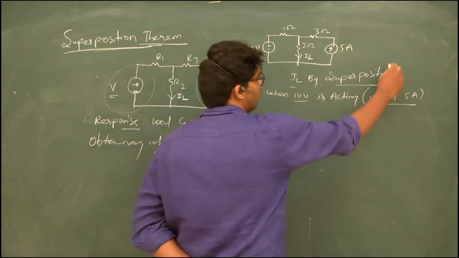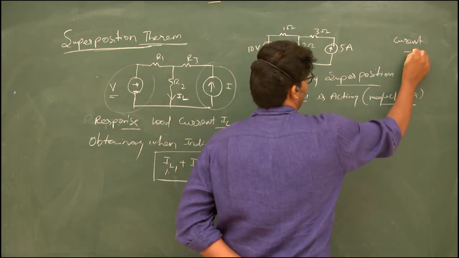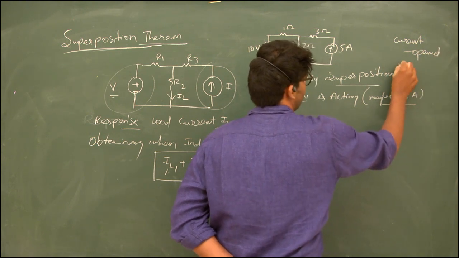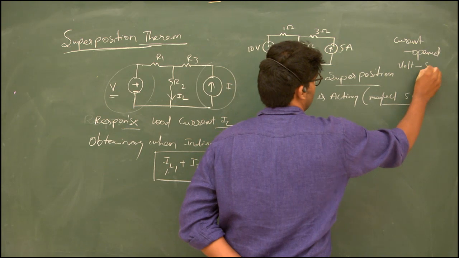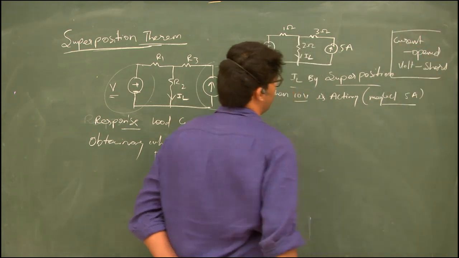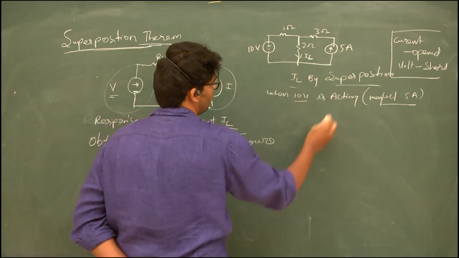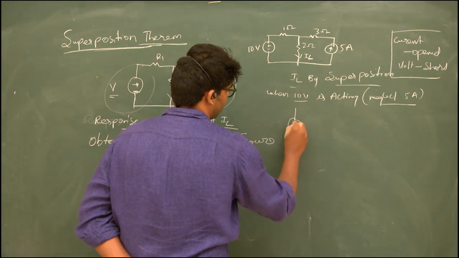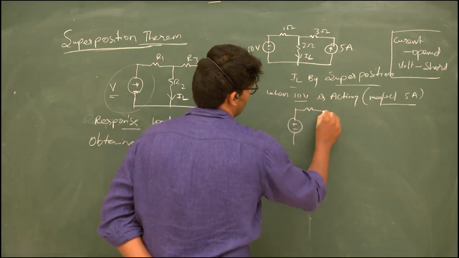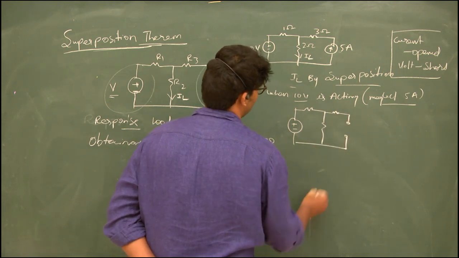Current sources are opened and voltage sources are shorted to nullify or neglect them. So when only 10 volts is acting, we neglect the 5 amp source, which means opening the circuit.